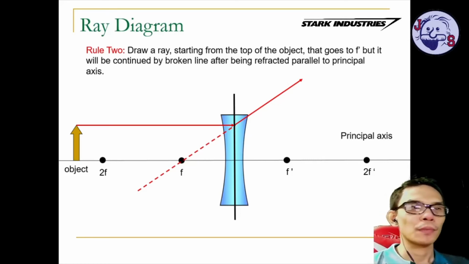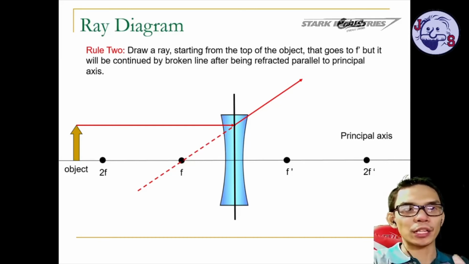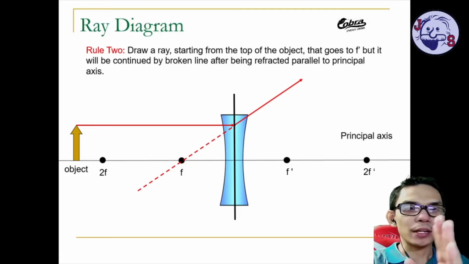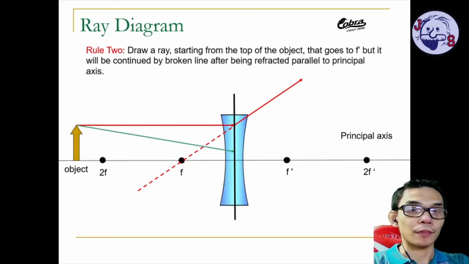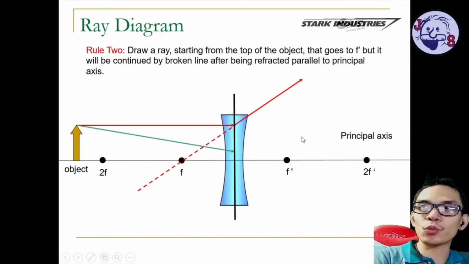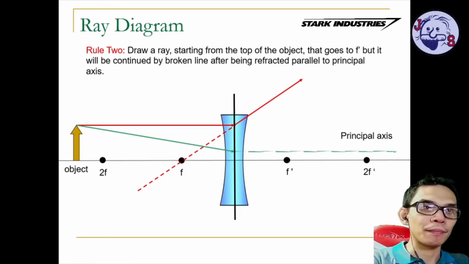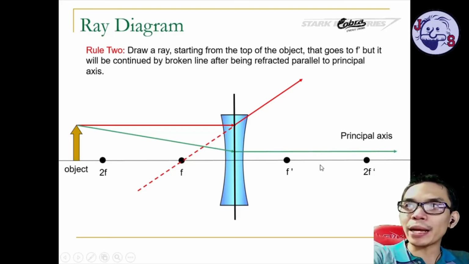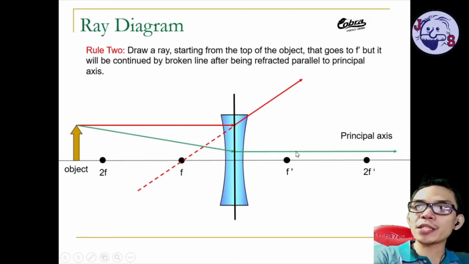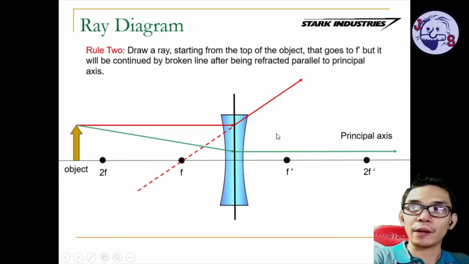So, what does it mean? It looks like this. Draw, just like your focal ray, it goes from F to P. But this time, it goes to the F prime, like so. But since it will be refracted, it will not go to the F prime. Instead, it will go parallel to the principal axis. So what happens here is that the concave lens diverges the light rays that we have.